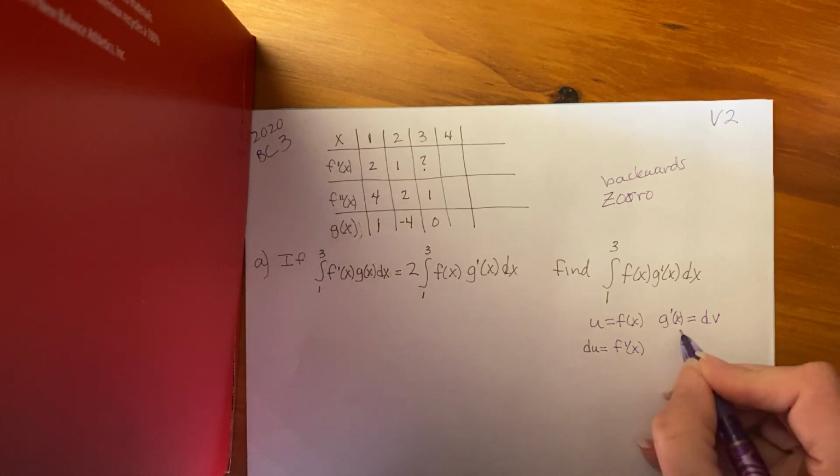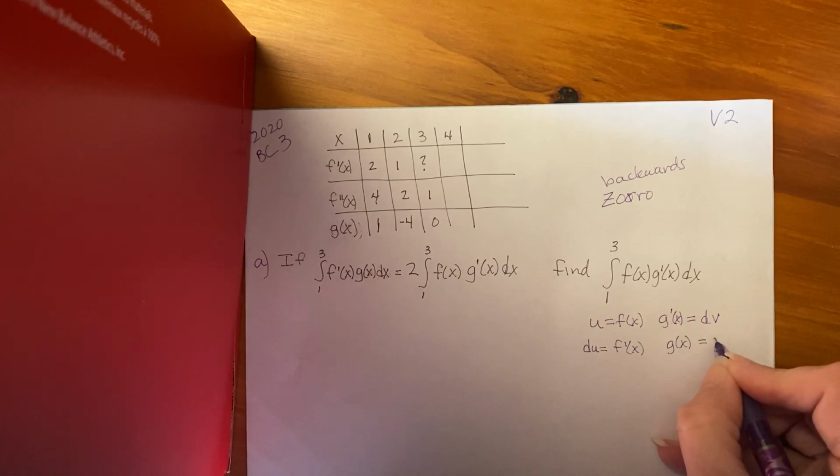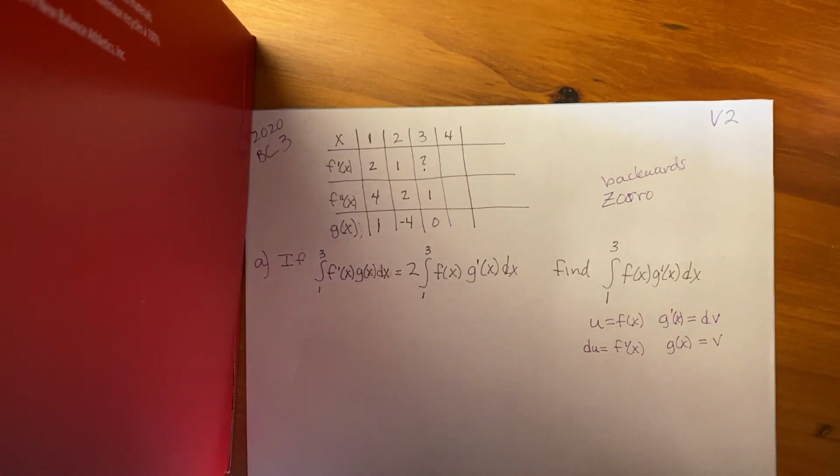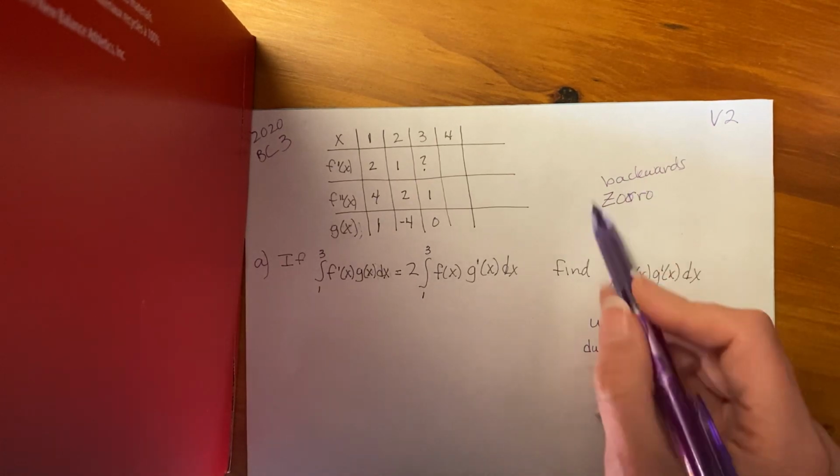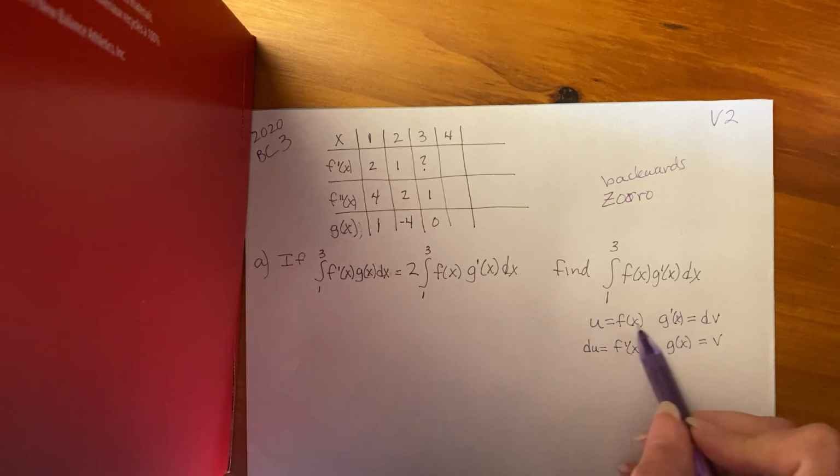And over here we would integrate, so this would turn into g equals v, right? And we'd have a dx over here for when we set this up. The backward Zorro part was meaning we went back this way, okay?